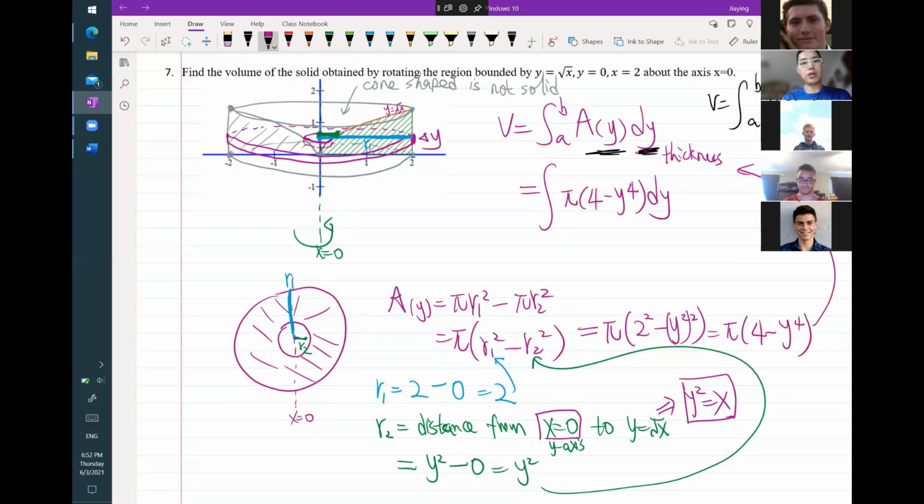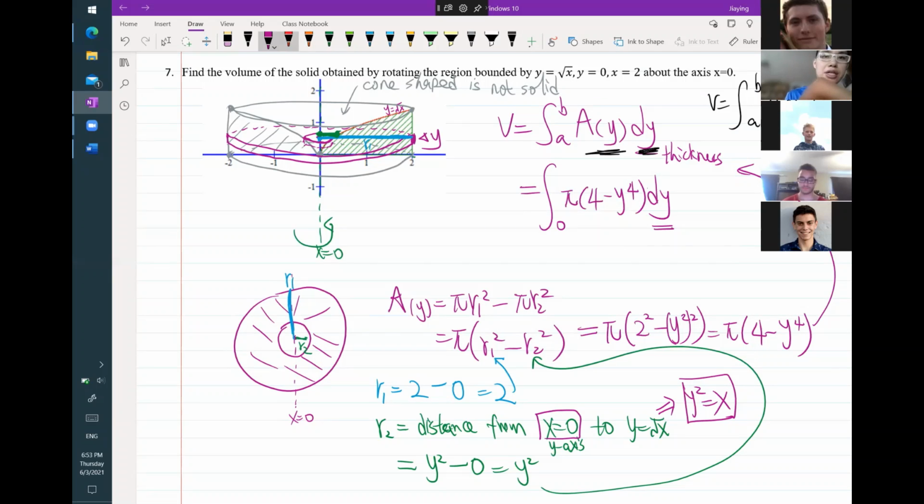Can anyone tell me what the boundaries are for the integral, the lower and upper bound in this case? Square root of 2 and 0, exactly. Because we integrate with respect to y, you're looking for the y boundaries of the shaded region. The lowest is the x-axis, so that's y equals 0.